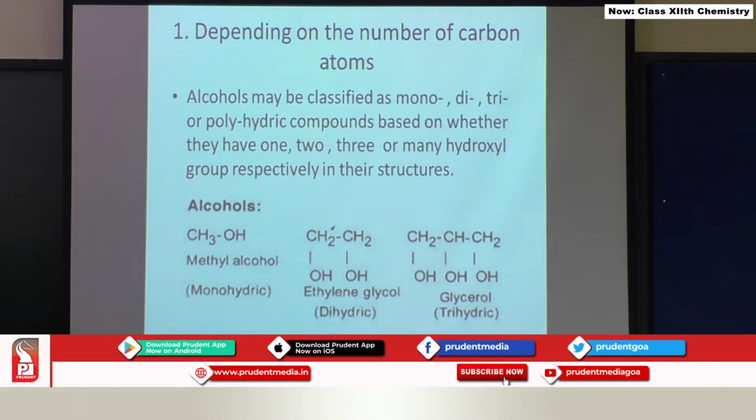The first classification, as we have seen, is based on how many OH groups are present. Based on that, alcohols are classified as mono, di, tri or polyhydric compounds. See here, this is the first compound that I have written. Here only one OH group is present.